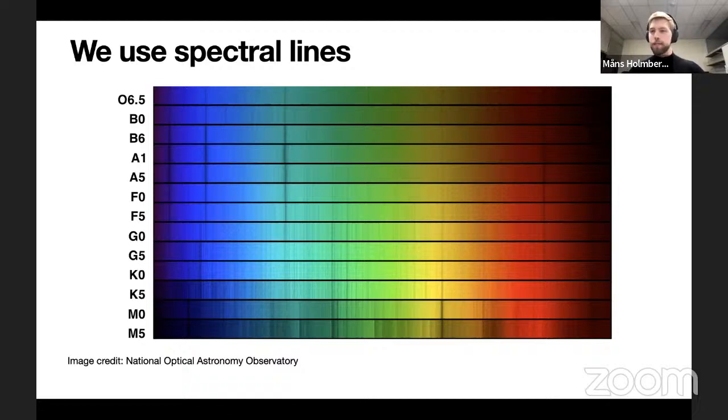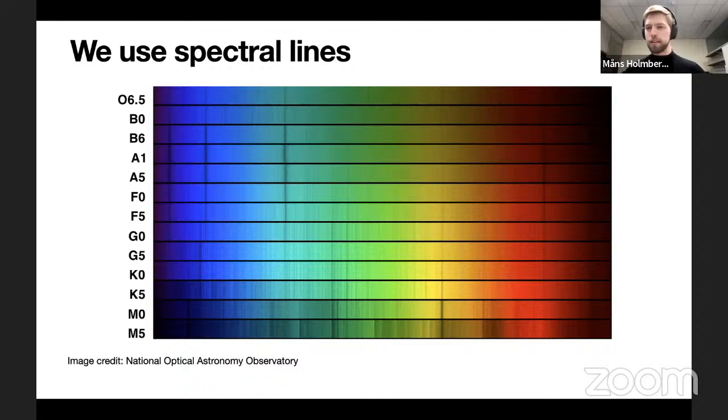So we have our molecules that we can study in the laboratories here on Earth. We can find out what spectral lines they have. So each type of atom and molecule has a distinct set of lines. And we can compare that to what we find elsewhere in the universe.